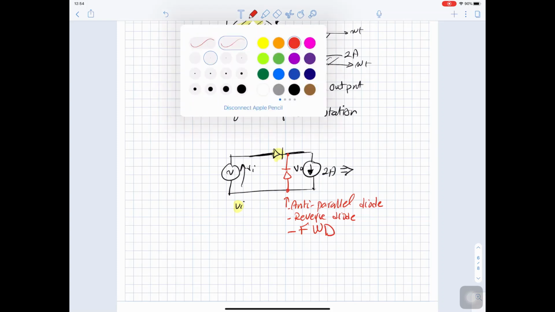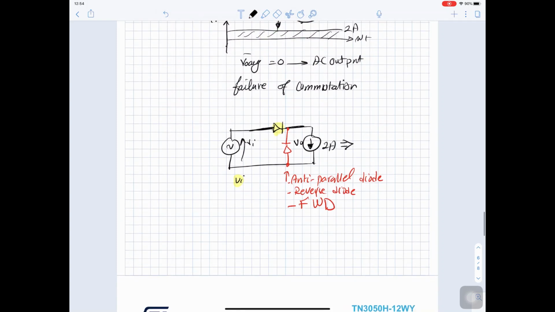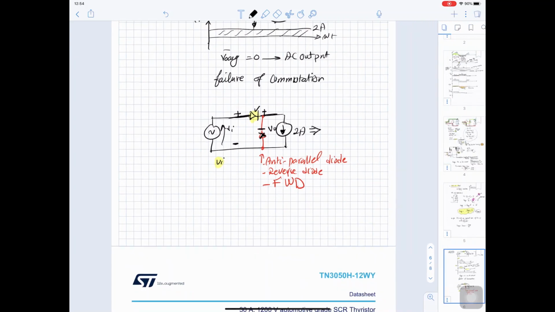Now look at the impact of this diode. When the supply is positive here, it will make this one reverse biased and this one forward biased.